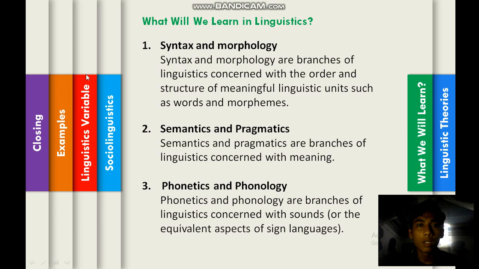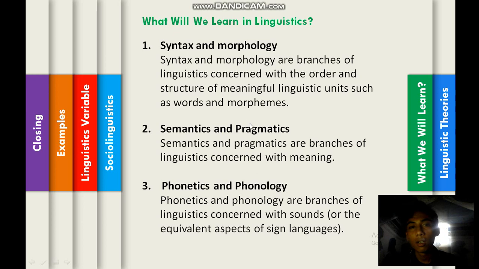Syntax and morphology are branches of linguistics concerned with the order and structure of meaningful linguistic units, such as words and morphemes. So, morphology is the study of words and morphemes. Semantics and pragmatics are branches of linguistics concerned with meaning.